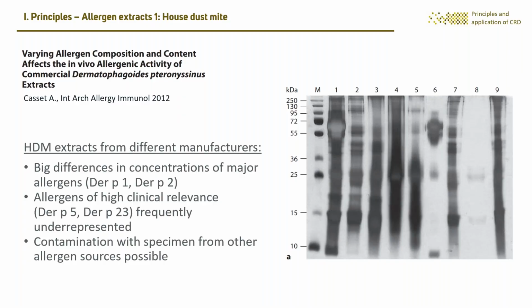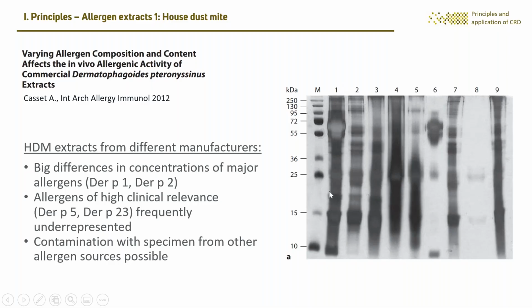In this first example, a colleague from Strasbourg, from France, Anne Cassé, was analyzing commercial extracts from house dust mites. So this is number 2 to 9. This is 8 different commercial extracts to be used for skin testing and likewise for immunotherapy. Extract number 1 was made by the authors themselves.